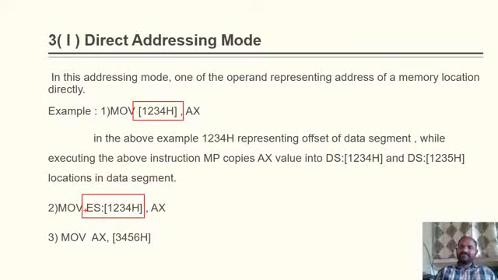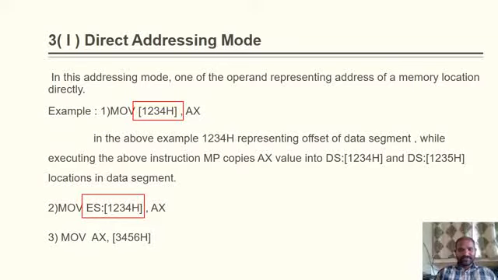As we know, the base address of each segment is there in the respective segment registers, and the offset address is there in the respective offset register. We have seen that combination also, like CS:IP, SS:SP or BP, DS:SI, ES:DI. Like that we have the base address followed by the offset address.